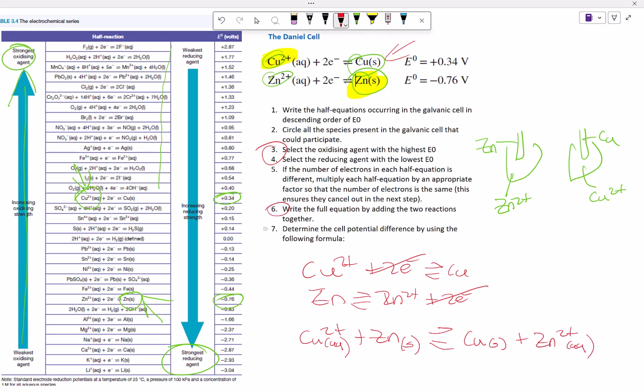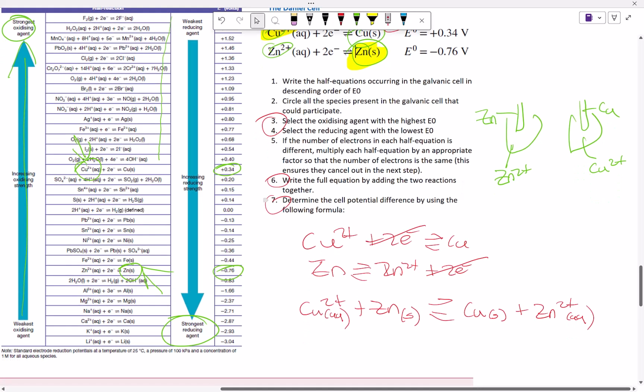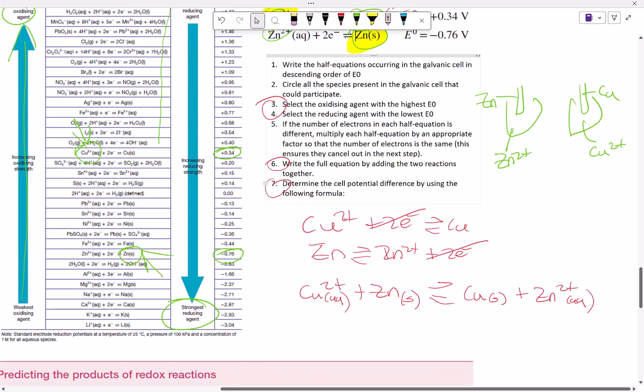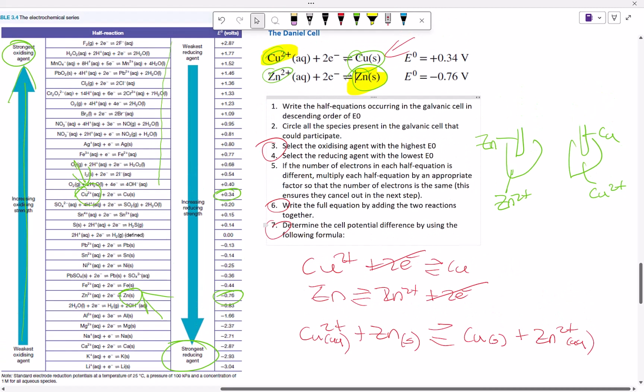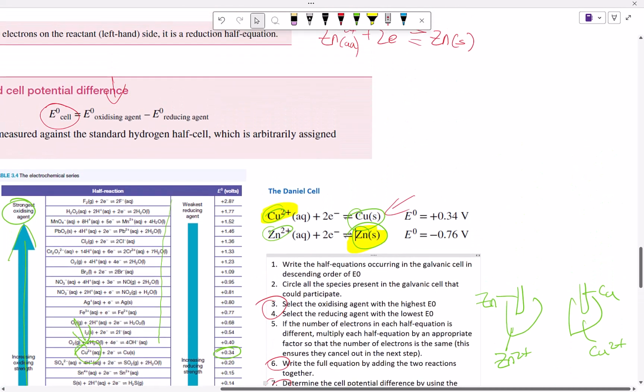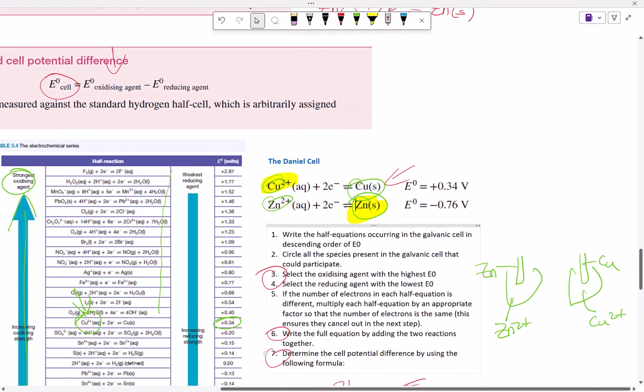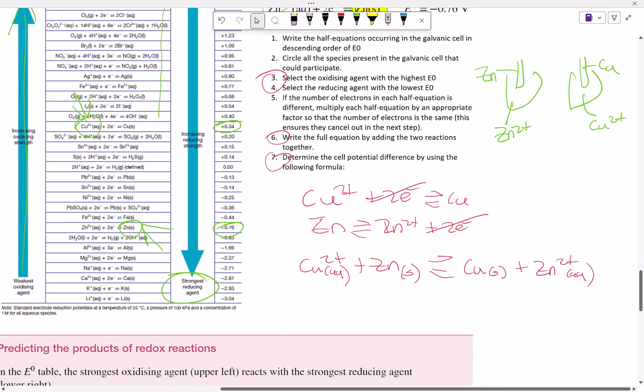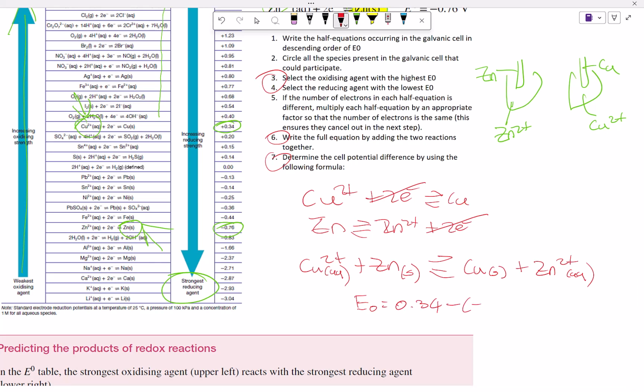Then determine the cell potential. Well, it's going to be EO of the one that's under. Remember, if we go back up to here, the oxidizing agent, that's this one. So it's going to be EO equals 0.34 minus, just to be clear, 0.76.